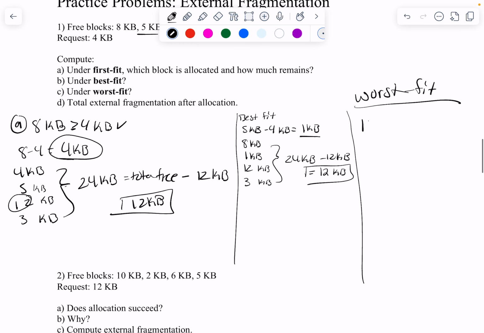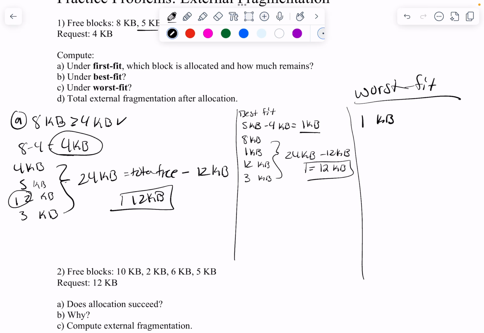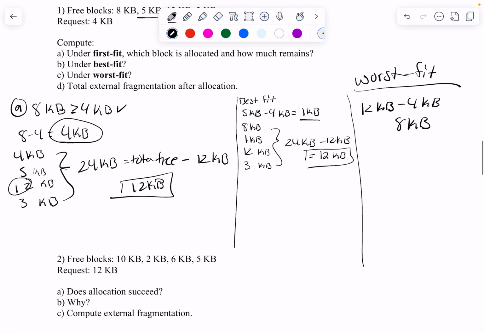So we'll allocate the 4 kilobytes from the 12 kilobytes, and obviously if we subtract that, we're going to be left with 8 kilobytes. And if we're going to update our list, it's going to be 8, 5, 8, 3 kilobytes.